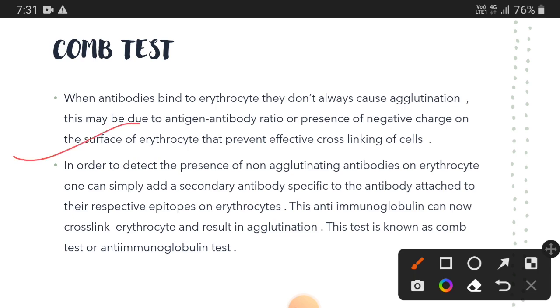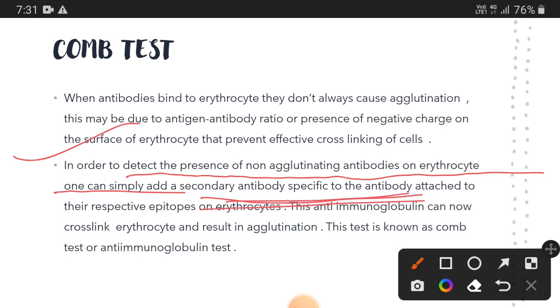So in order to detect the presence of non-agglutinating antibodies on erythrocyte, one can simply add a secondary antibody specific to the antibody attached to their respective epitopes on erythrocyte.